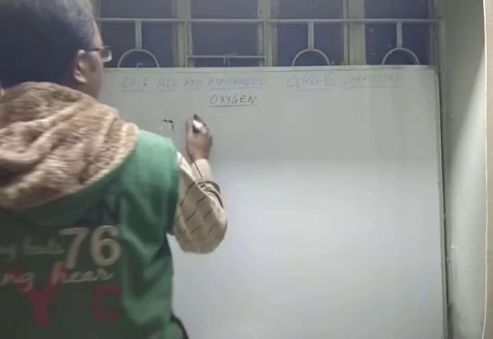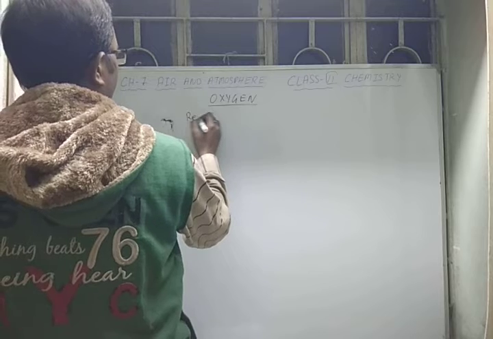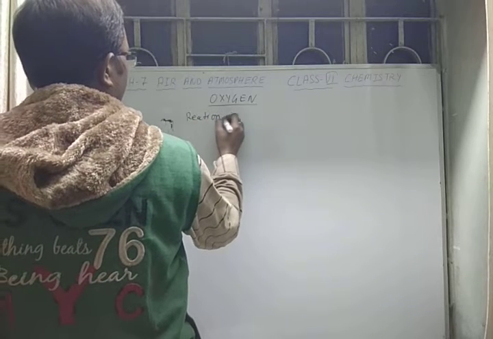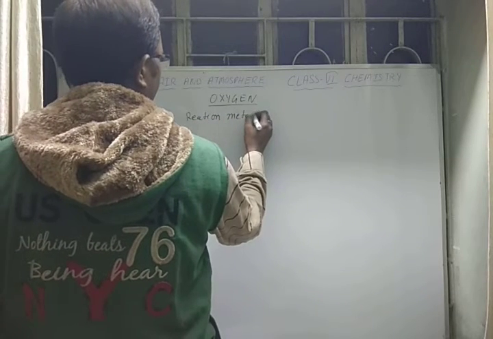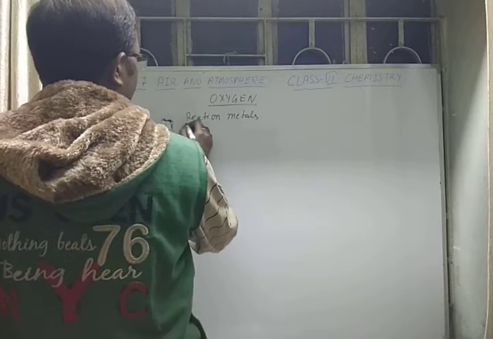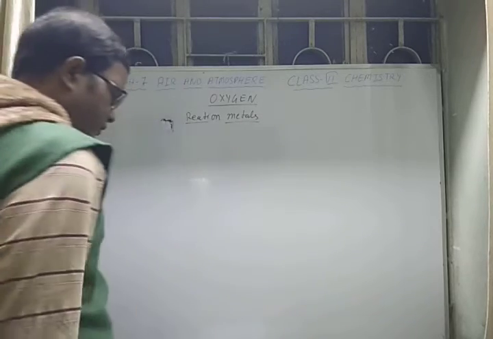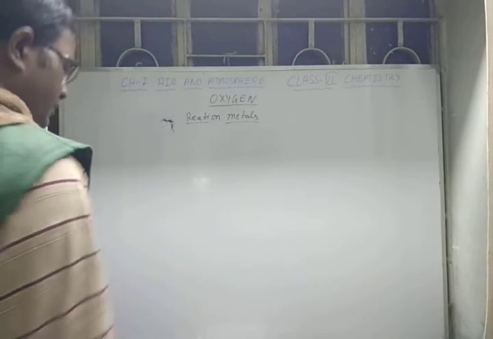So, reaction of oxygen with metals. Oxygen reacts with metals to form metal oxide.